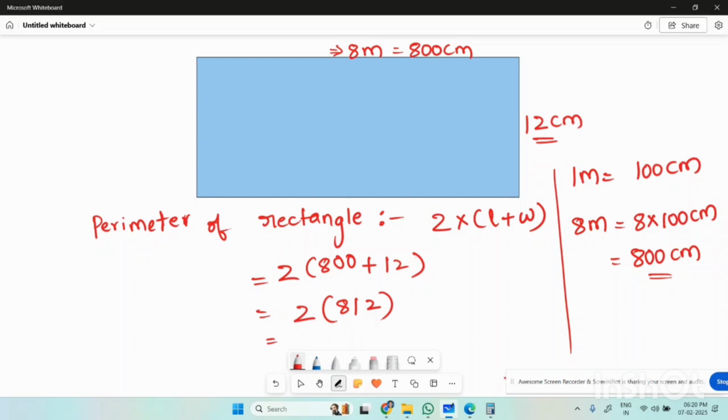Now 2 times 812 is 1624. The perimeter of the rectangle is 1624 centimeters. Okay, this is how we solve it when the units of the side lengths are different.